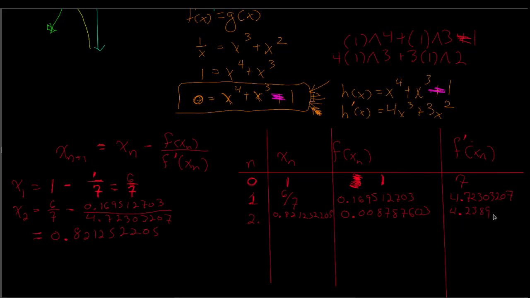Where are you at, Sarah? Are you on x2 still? Yep. What did you get for the function? Was the function fairly small? What's the number? What do you mean? So for the function at x sub 2, what did you get for it? You got a fraction? I'm not done with it.